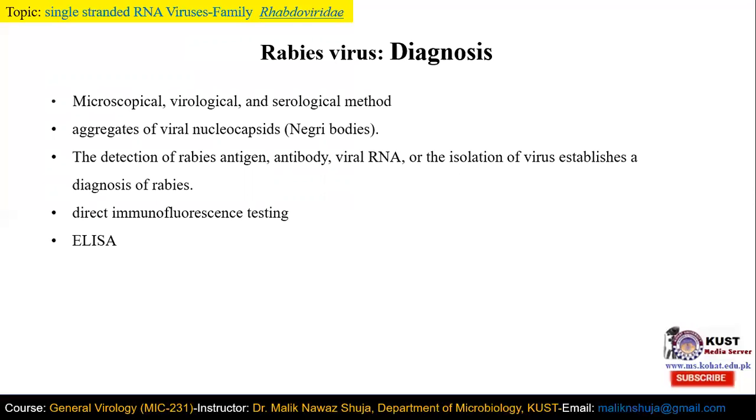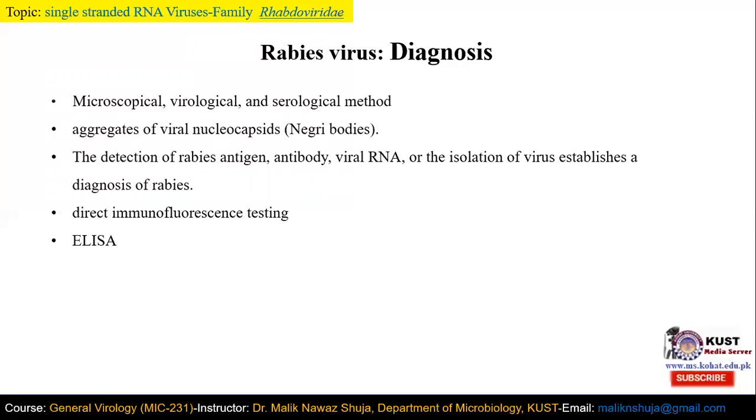How can we diagnose the rabies virus? In this modern world, there are many techniques that can be used for the diagnosis of rabies virus, which include microscopical, virological, and serological methods. It also includes aggregates of viral nucleocapsids, which include the Negri bodies.